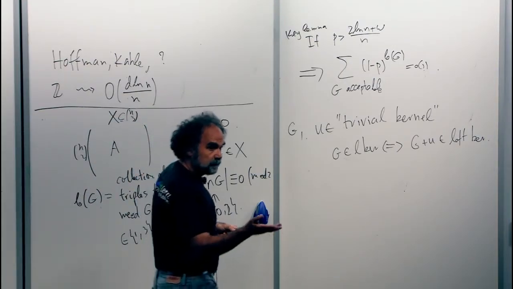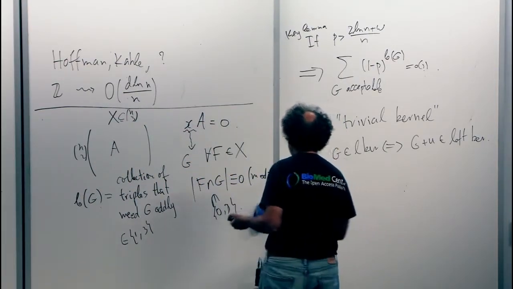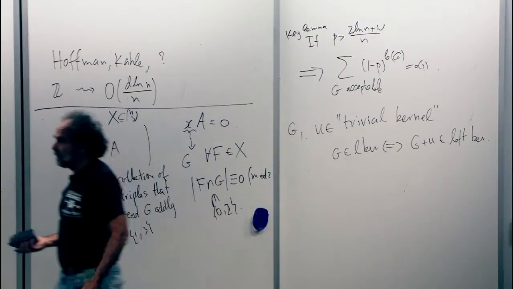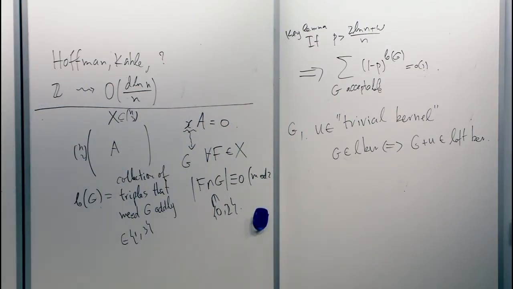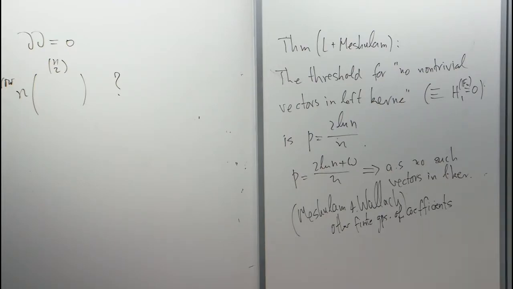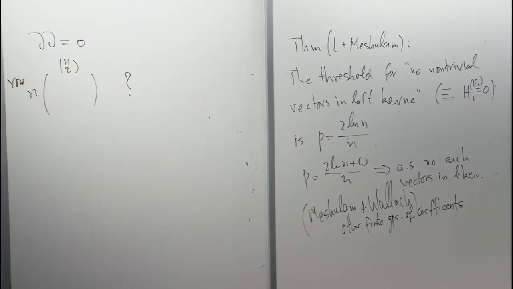So now I have to answer your question, what are the trivial vectors in the kernel? What do they look like? Or in other words, what is the row space of this? That's very easy to tell. Each row here is just a star: all the edges that contain a given vertex.